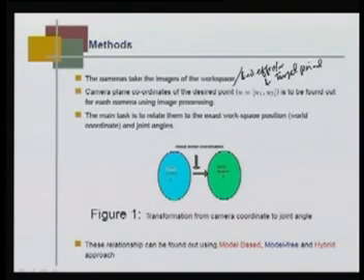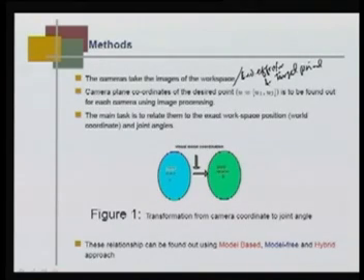Camera plane coordinates of the desired point u are to be found out for each camera using image processing. So, we find out the target position and the end effector position from the camera in terms of some vectorial quantity u. The main task is to relate them to the exact workspace position, world coordinate and joint angles.